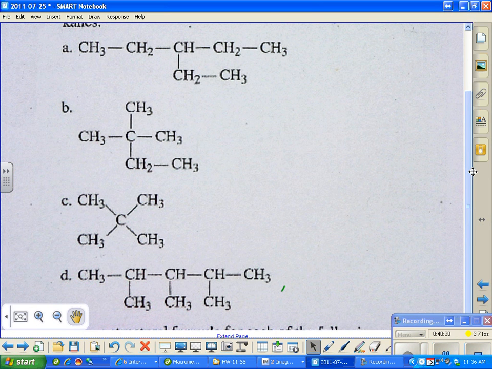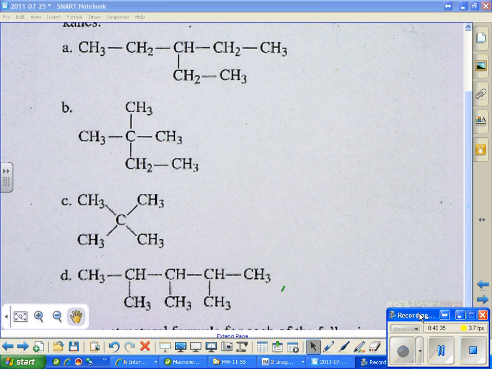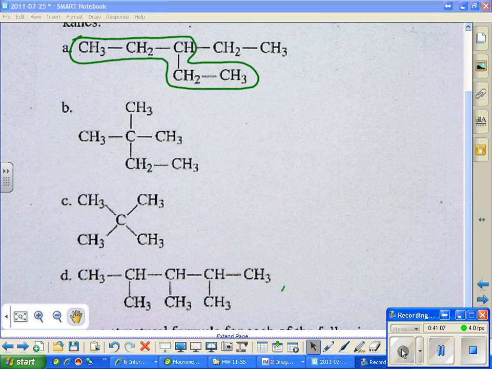Okay, Katie, you're on. Okay, Katie, I'd like you to find us the longest chain. For which column? Letter A. Okay, Katie has just circled the longest chain for us.